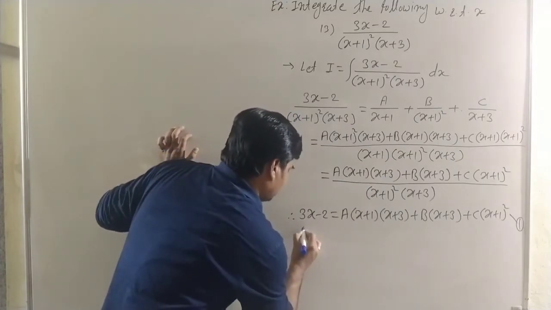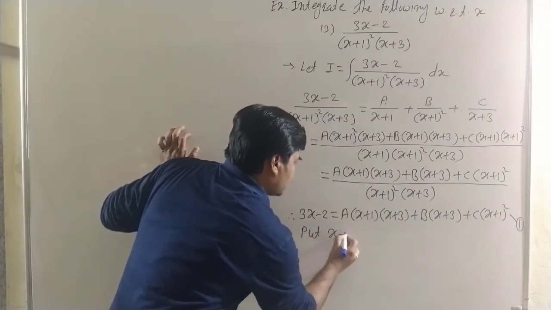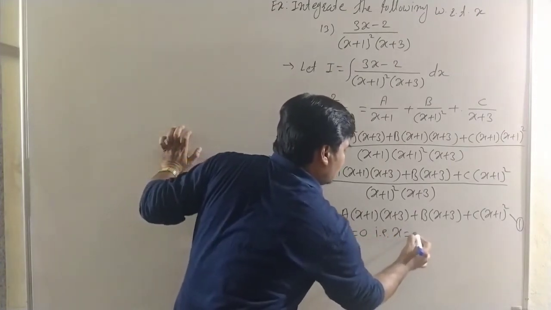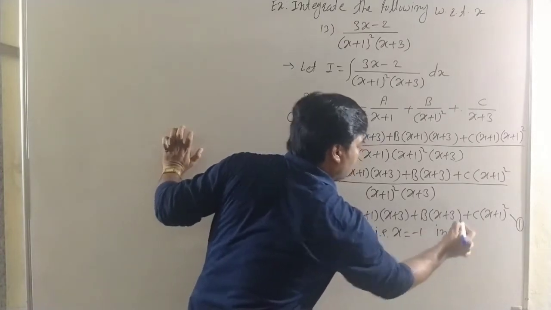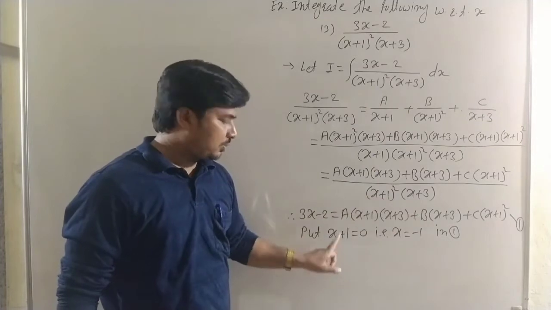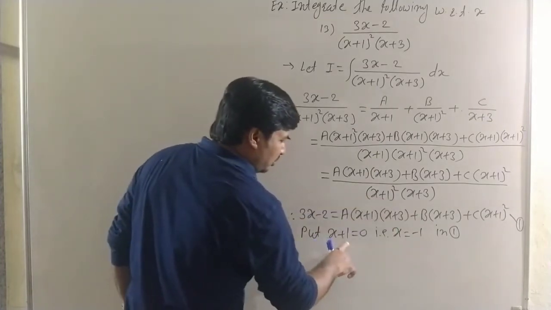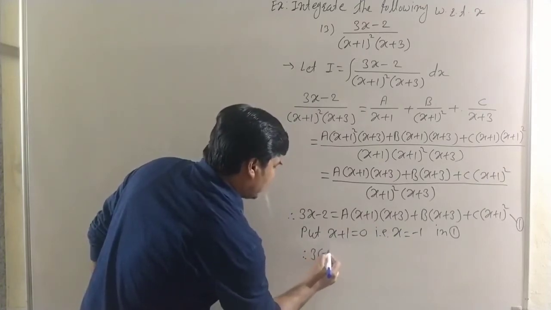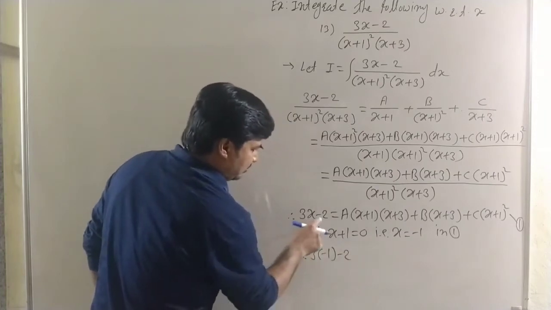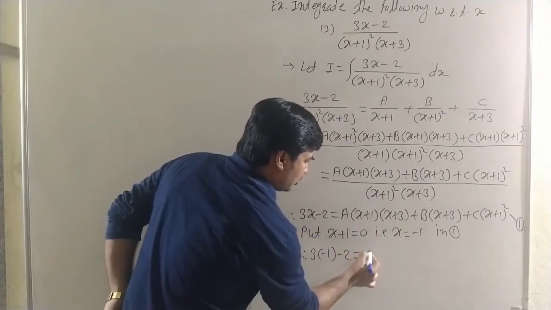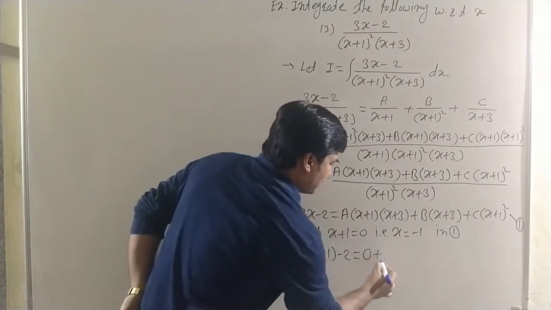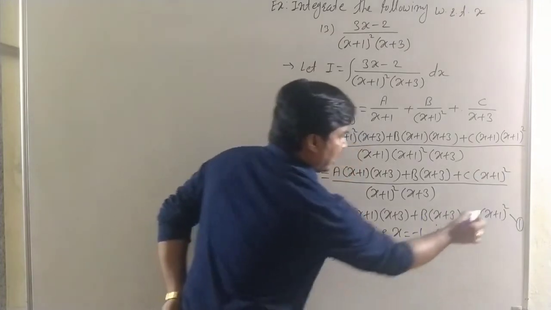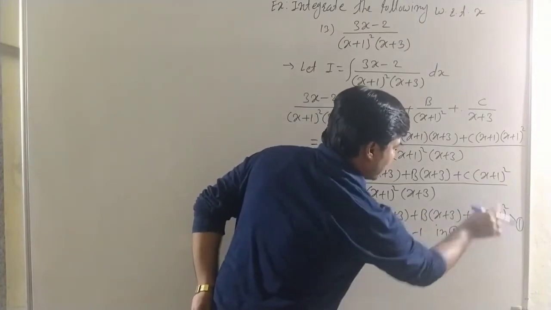Here put x plus 1 equal to 0, that is x equal to minus 1, in equation number 1. Therefore we get 3 into minus 1 minus 2 is equal to, the term of A is 0 since x plus 1 is 0, plus B into (minus 1 plus 3), and C is also 0 because x plus 1 is 0.